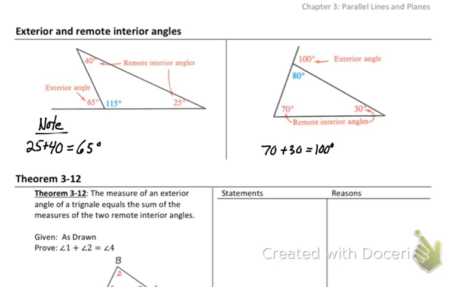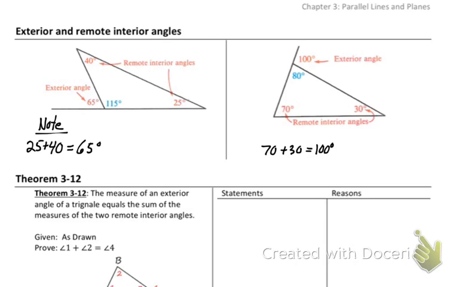So if I know my exterior angle, I know what these should equal. If I know what these two equal, I know what the exterior angle equals. So our remote interior angles added together always equal the exterior angle opposite it, right? Because your exterior angle is always going to be opposite.